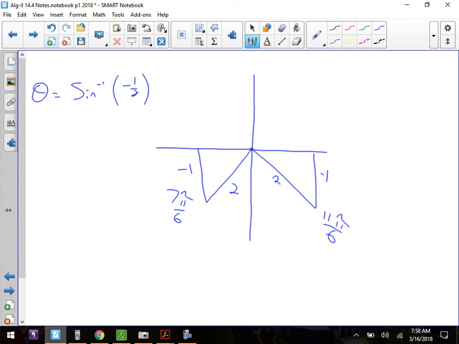Now, if I wanted to say that was what we would write in terms of one revolution, what are your answers? List all answers between 0 and 2 pi. That's what we've been doing for the past couple of days. When we take that restriction off of the one revolution, we think about it in terms of, well, if I go from 7 pi over 6 to 11 pi over 6, is that the same distance as going from 11 pi over 6 back to 7 pi over 6?